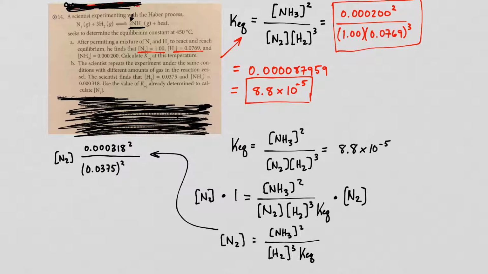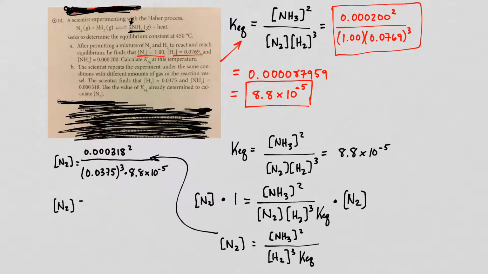We're going to cube that, and then we're multiplying that by 8.8 times 10 to the negative 5th. However you can fit that into your calculator, do so. I'm going to write the result down here. I'm going to plug all of that into my calculator, and the final concentration is going to be 21.8 moles per liter, molar.